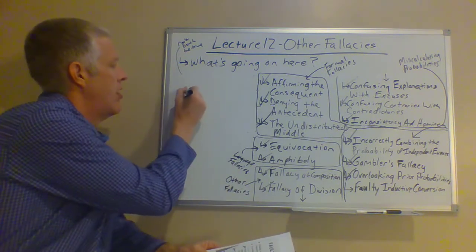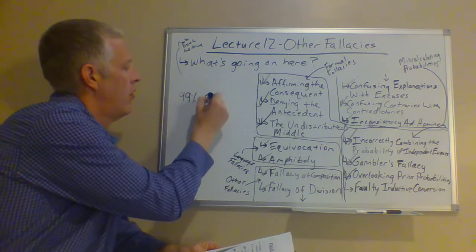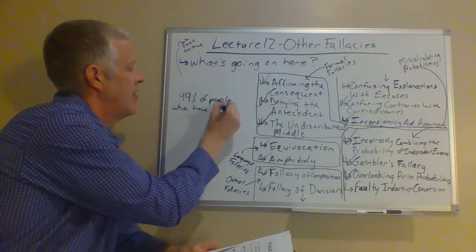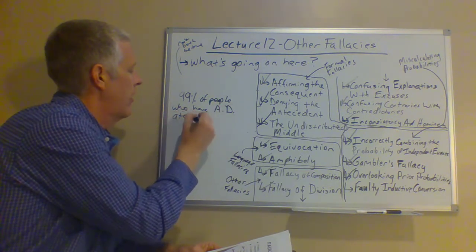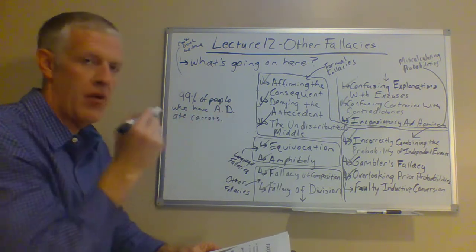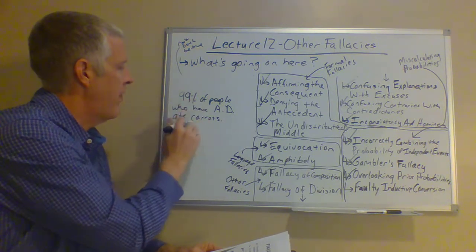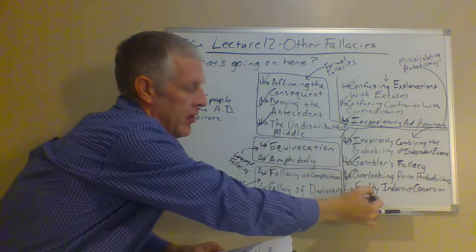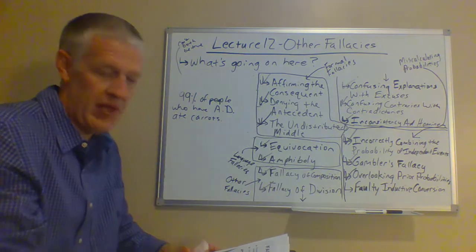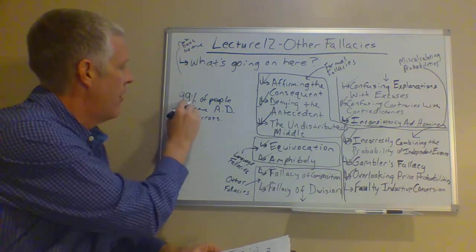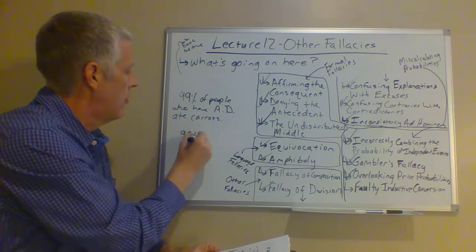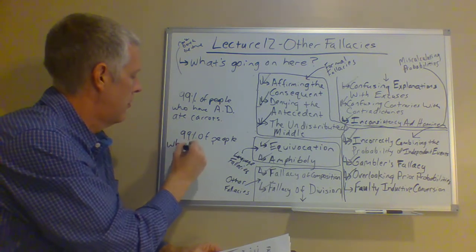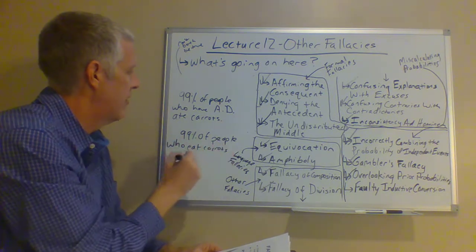So let's say 99% of people who have Alzheimer's disease eat carrots. If somebody was guilty of a faulty inductive conversion in this case, and this is their example, what they're going to do is infer that 99% of people who eat carrots are going to get Alzheimer's disease. Well, that's not necessarily true.